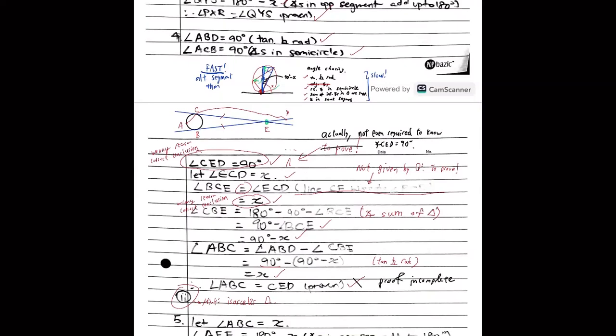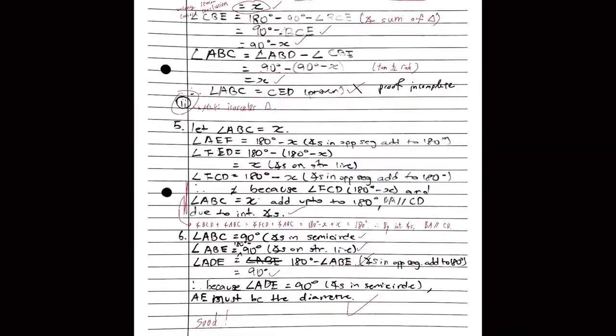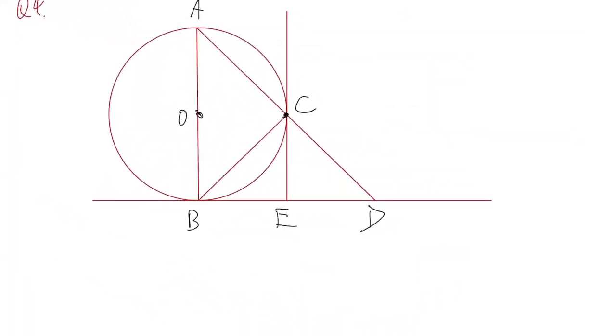This one. Okay, so in this case, we've got this diagram, right? Question 4, part 1 requests for us to do what? It requested for us to show the angle ABC equals angle ECD.